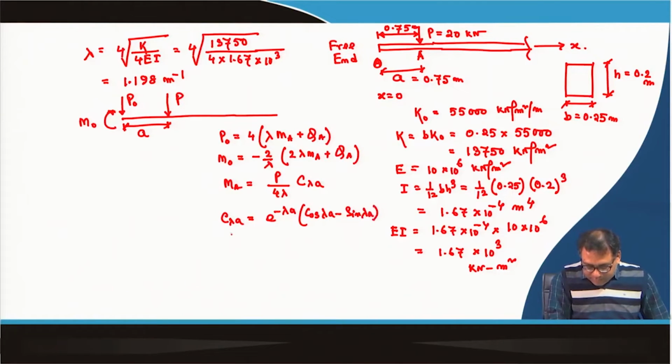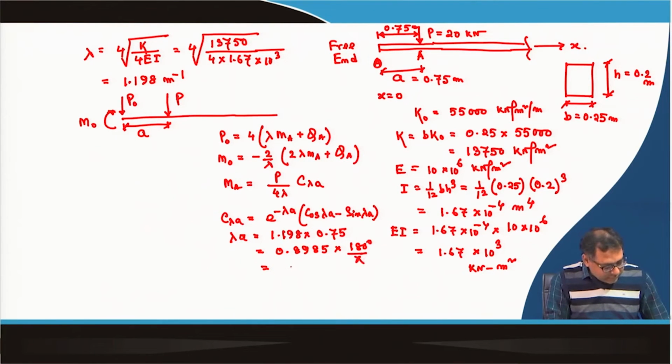So, lambda A, with lambda equal to 1.198 and A equal to 0.75, is equal to 0.8985, and that you have to convert into degrees. So, this value is 51.51 degrees.